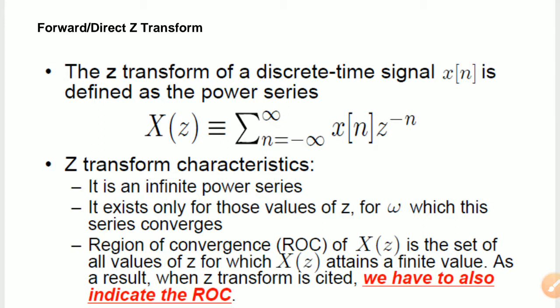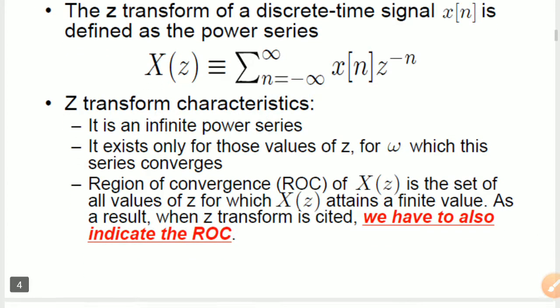If the examiner does not ask for ROC, you might not draw it, but for the complete region of convergence finding technique, or we can say for the complete Z transform of the discrete time sequence, you have to draw the region of convergence for this set of signals. So please remember these 3 points. We'll move forward.